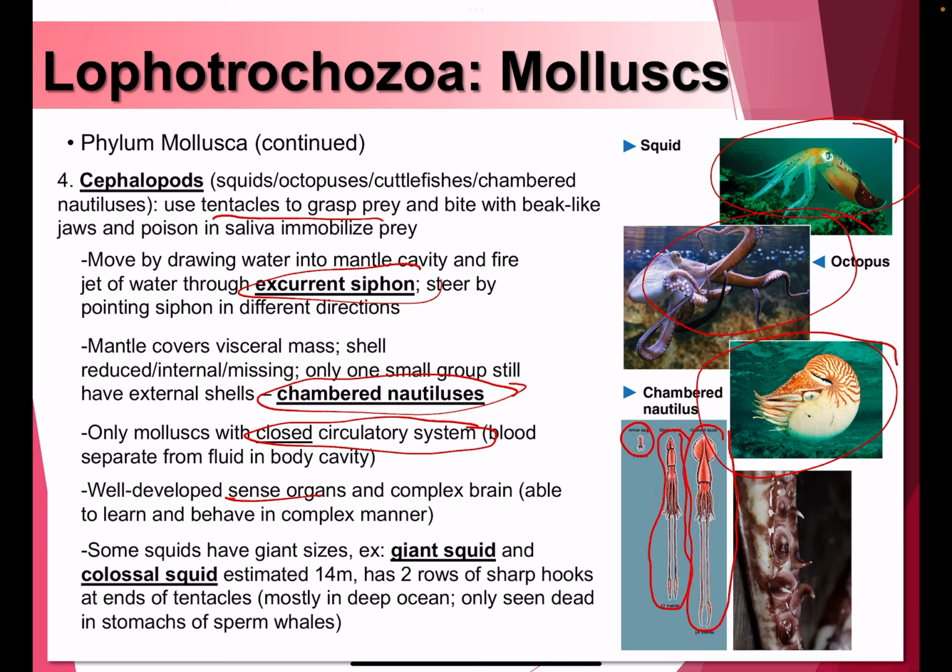And they say their tentacles have two rows of sharp hooks on them, and they think that is what they use to lash at their prey and eat large fishes deep in the ocean, because usually they're not at the surface of the water. They're usually very, very deep in the ocean.